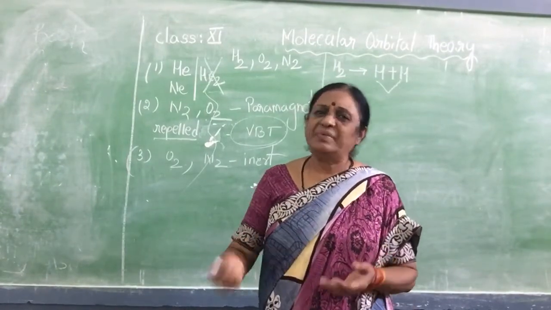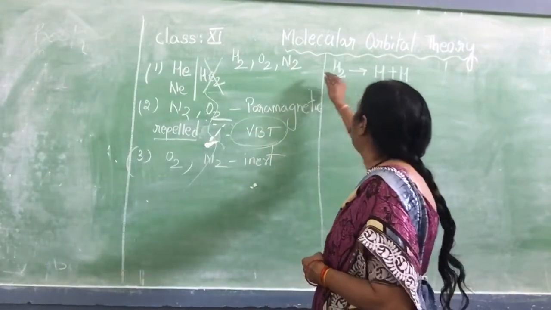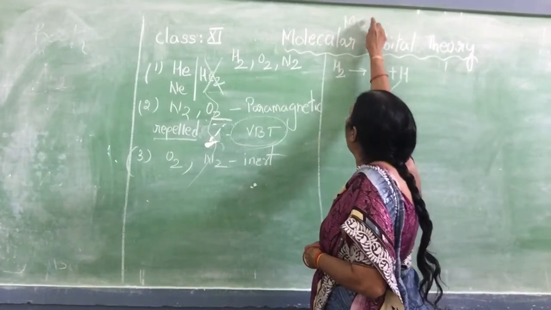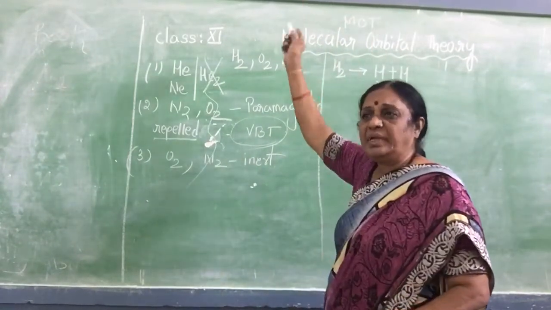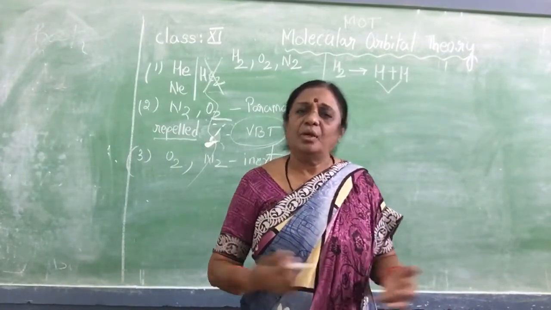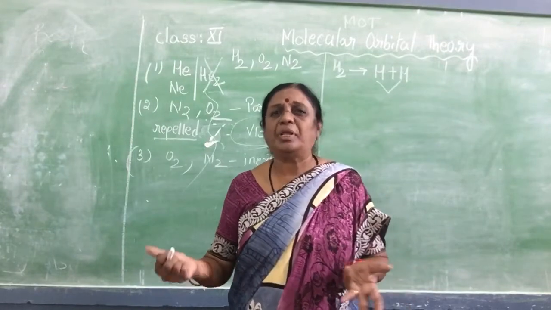Before the introduction of the MOT, the short form for molecular orbital theory, simply we say two hydrogen atoms combine together to form a molecule.